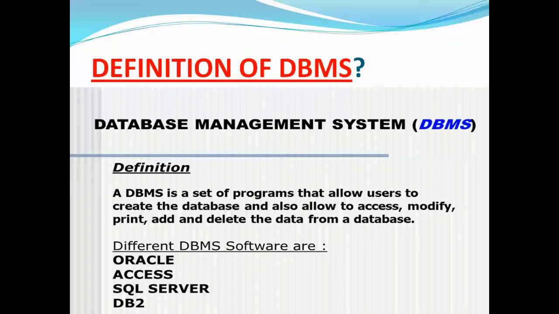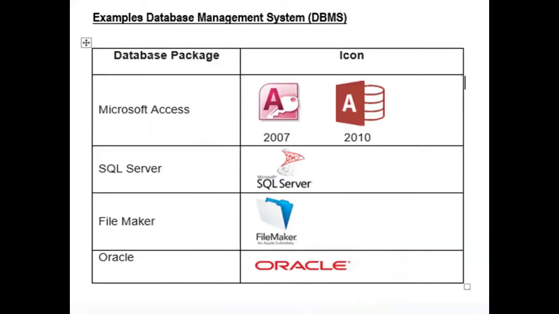A database management system is a set of computer software providing an interface between users and the database. They are so closely related that the term database, when used casually, often refers to both the database management system and the data it manipulates. Now I have shared the examples of database management systems.